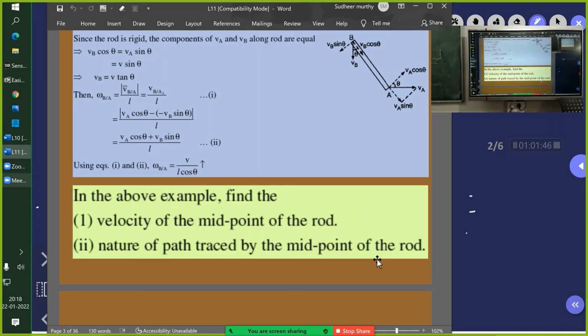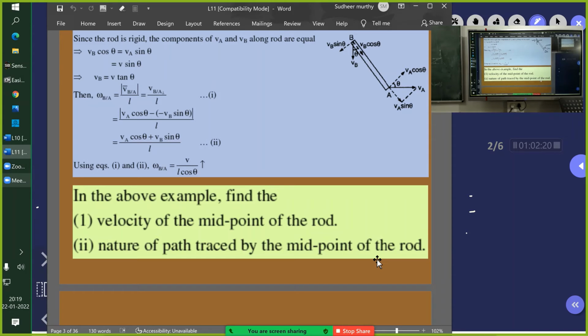How will you start? We have to take with respect to either A or B. The length of the rod is given as L, and we want to find the velocity of the midpoint. So what will be your first approach?